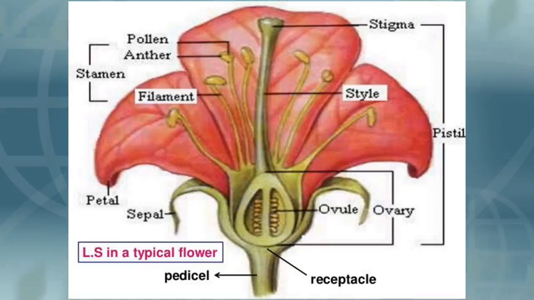On the other side you are seeing pistil, the female reproductive part of a flower. Pistil has three parts: stigma, ovary and style.